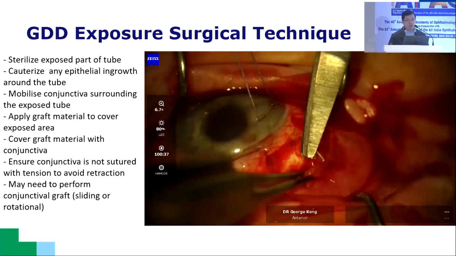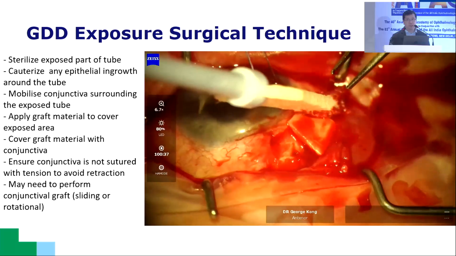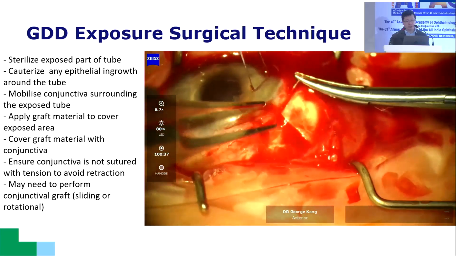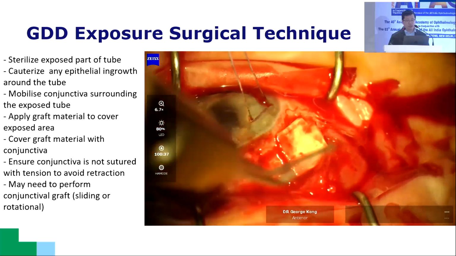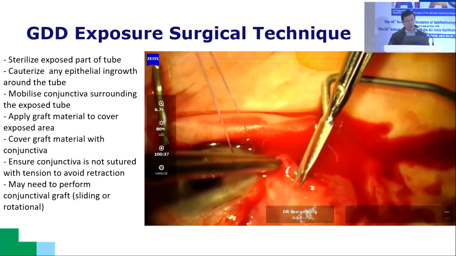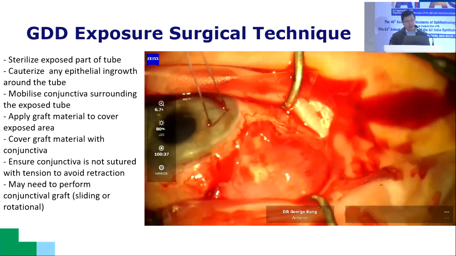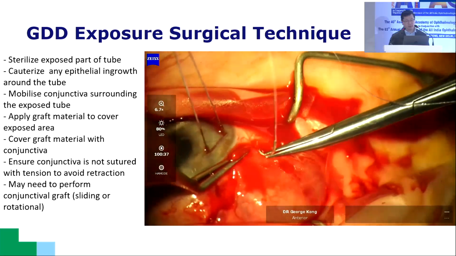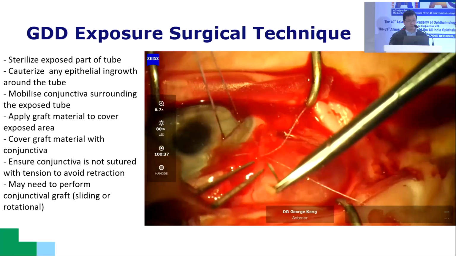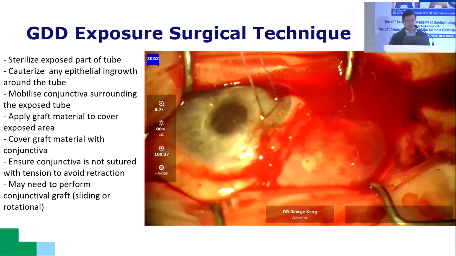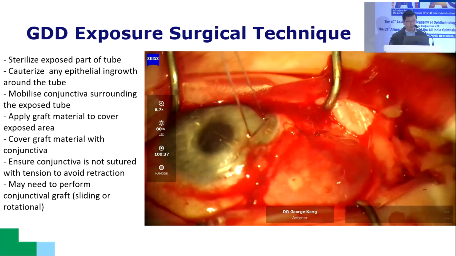So I usually inject some subconjunctival xylocaine to billow up the conjunctiva and make sure I get a good mobile conjunctiva, and clear any epithelial ingrowth or epithelium around the device, make sure it's nice and clear, reapply graft material over the device, and resuture the conjunctiva, ensuring the conjunctiva is not under tension and there is good coverage.